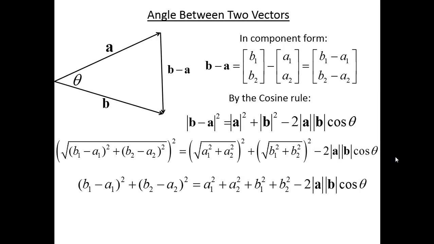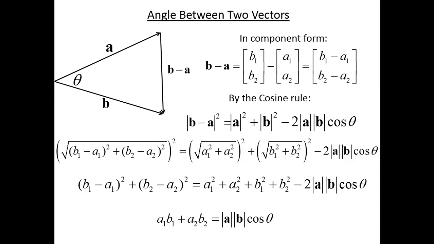And of course the radicals go away. And if we were to distribute what's on the left side, do a little shuffling, do some cancellations, we would wind up with A1 B1 plus A2 B2 equals the magnitude of A times the magnitude of B times the cosine of theta.